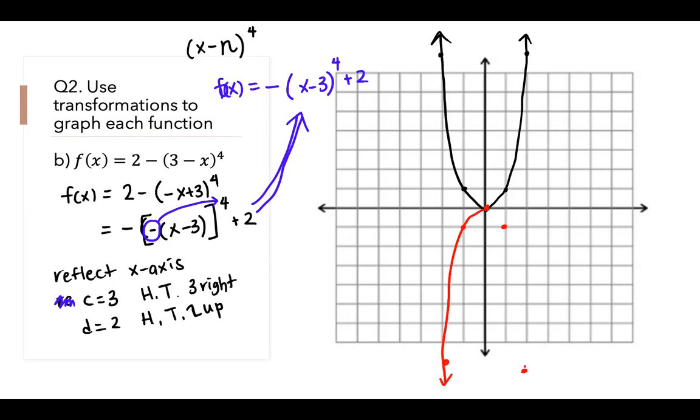So it should be symmetrical. Okay. And now we are going to move 3 right and 2 up. So I'm going to move the center vertex 3 right, 1, 2, 3, and up 2. Same thing for all the points, 3 right, up 2. So it will still be over here.